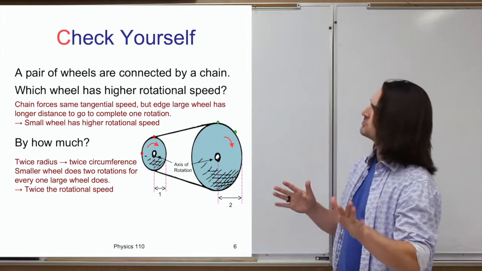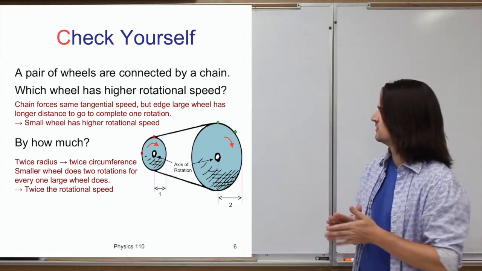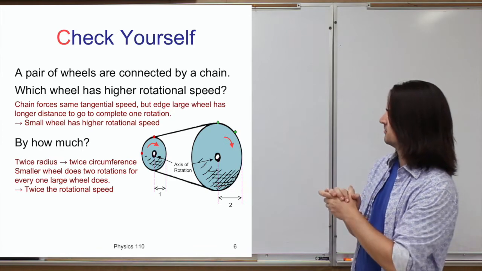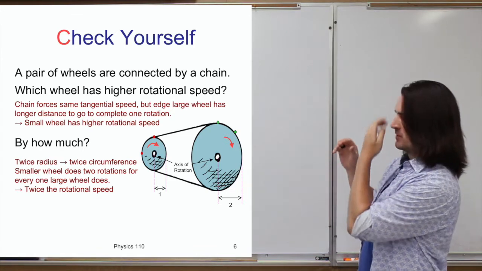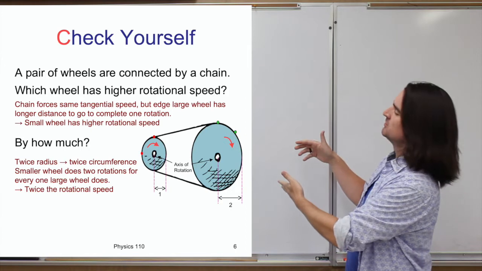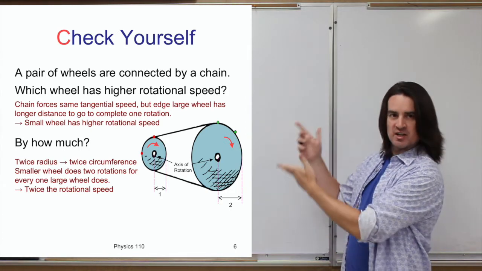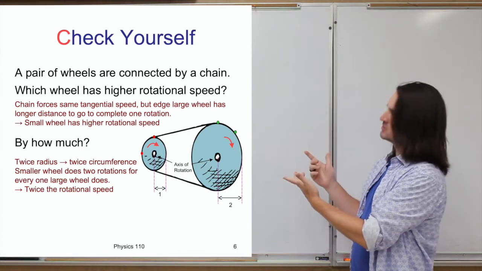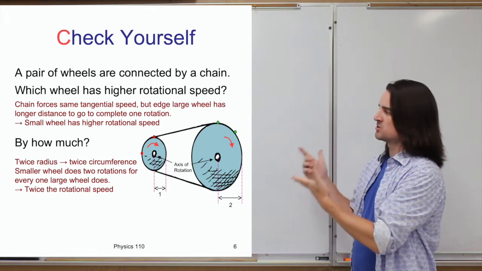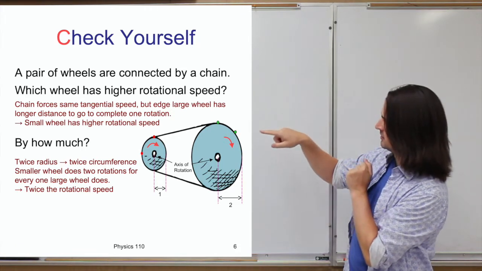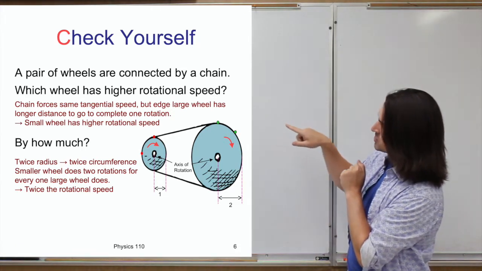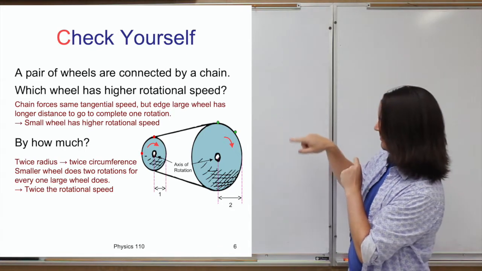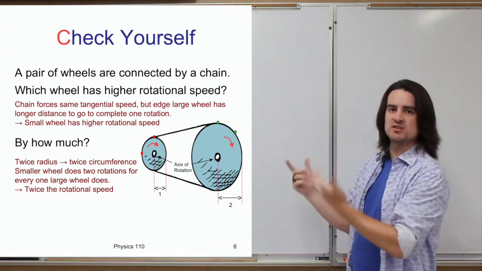Okay, so these were kind of tricky, so don't worry if you weren't able to get the correct answer here. But in this situation, since there's a chain connecting these two wheels, the chain is essentially forcing the tangential speed around the edge of each of the wheels to be the same.